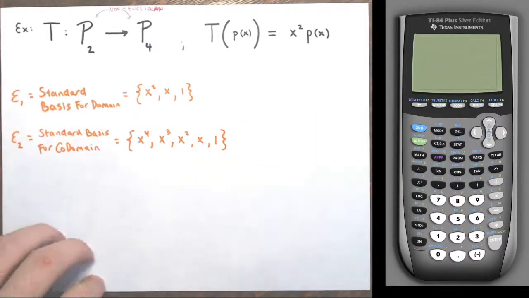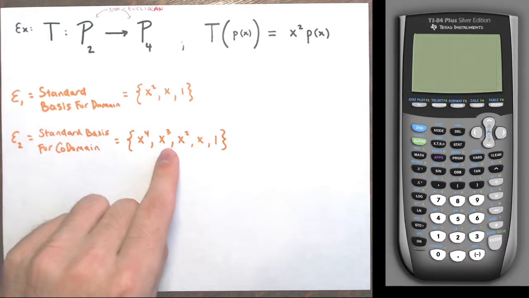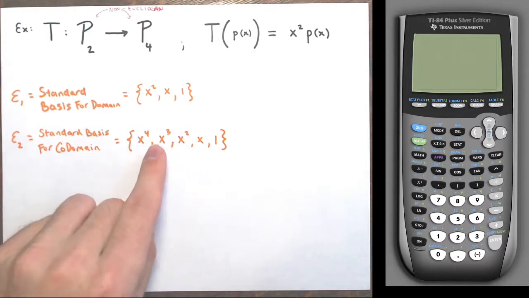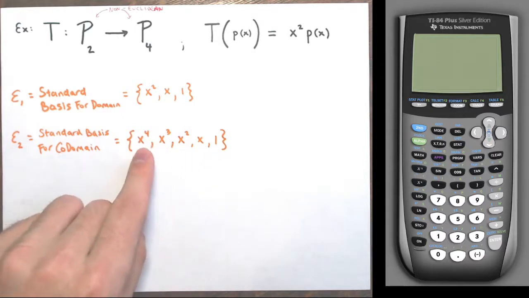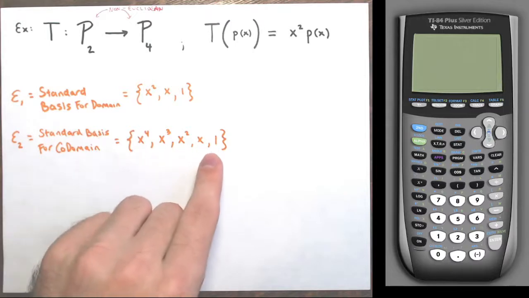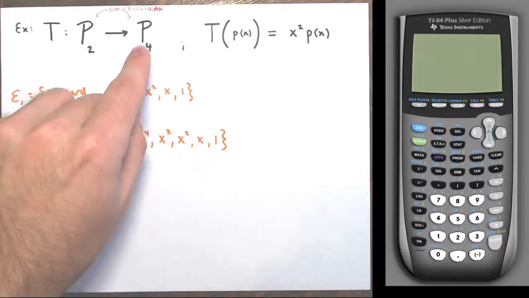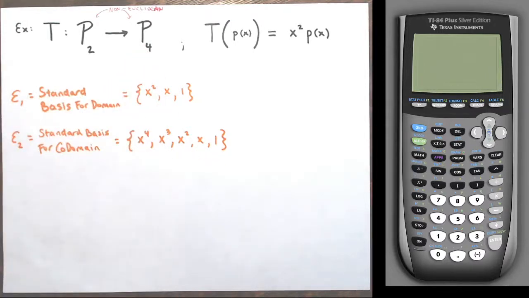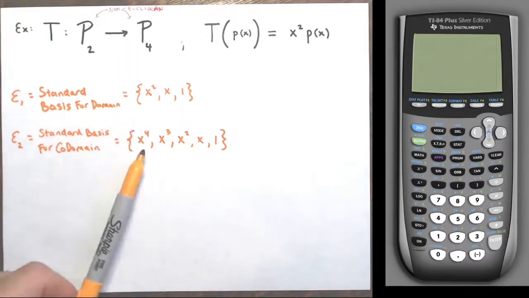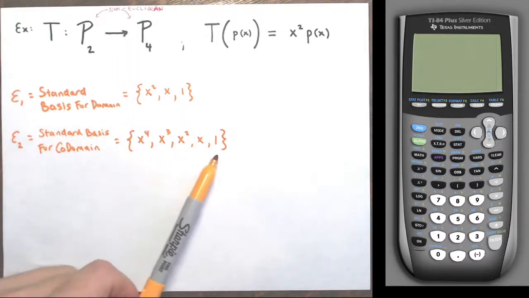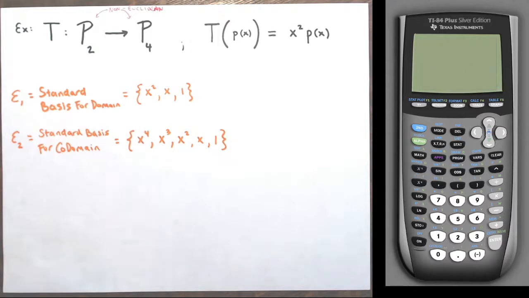So these 5 polynomials, x to the fourth, x to the third, x squared, x, and 1, form the simplest building blocks for all the polynomials of P4. I can write any polynomial of P4 as a linear combination of these 5, and these 5 are linearly independent.